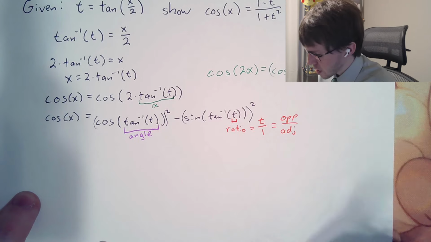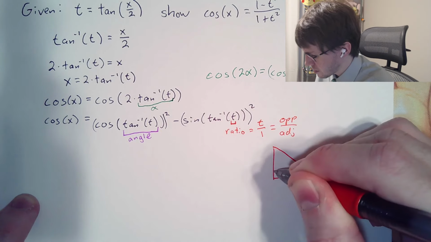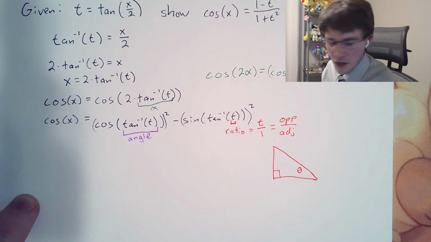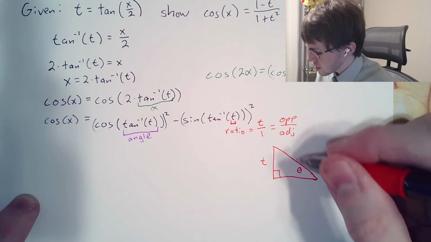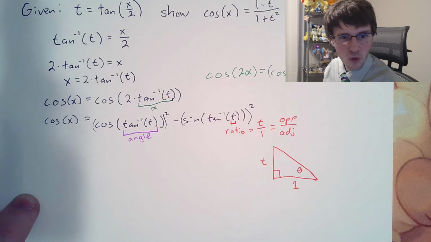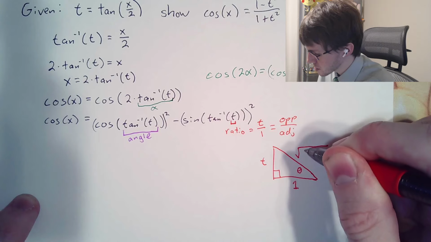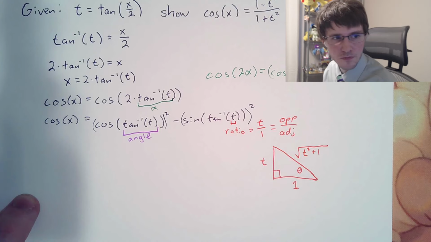We're going to take our angle, which I'm going to say is theta. So we have our theta there, and the opposite of that theta is t. The adjacent is 1, and then t squared plus 1 squared equals the hypotenuse squared, or in other words, the hypotenuse is the square root of t squared plus 1.